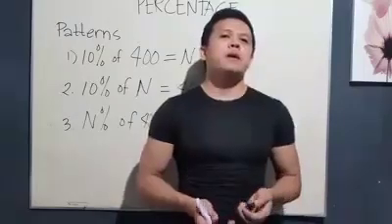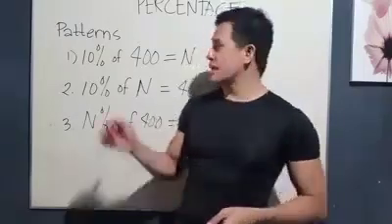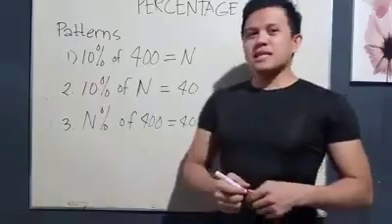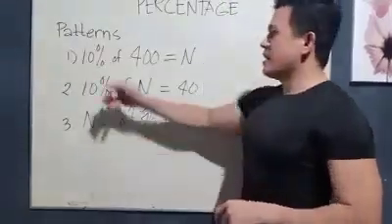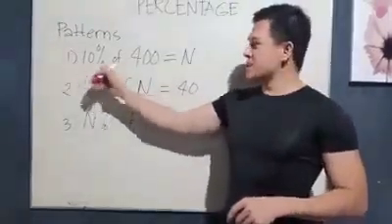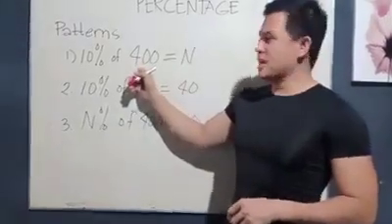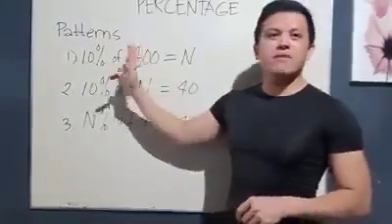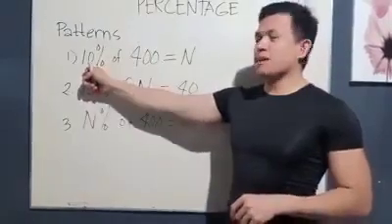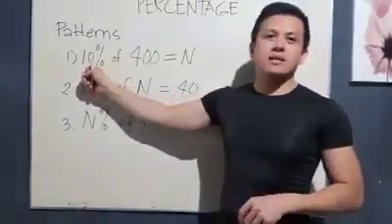Ganun siya. Okay, so 10% of 400, ang gagawin lang natin dyan, okay? So remember, pag given yung percentage at saka yung amount, okay? Multiply nyo lang siya. But before multiplying, you have to change the percentage into decimal form.